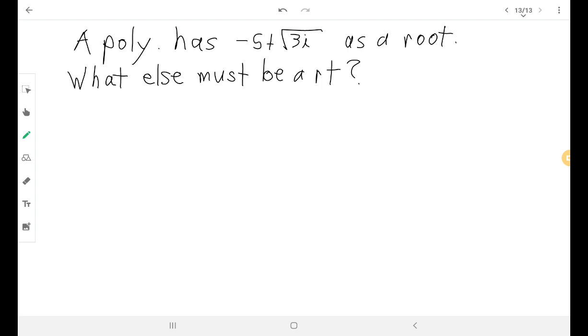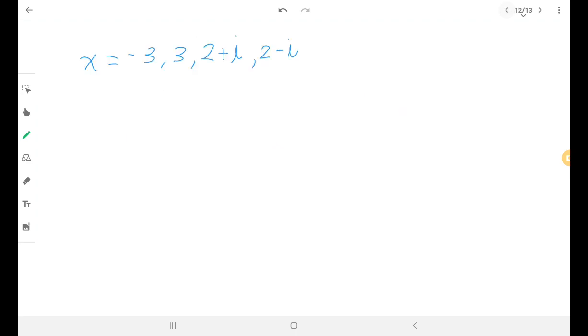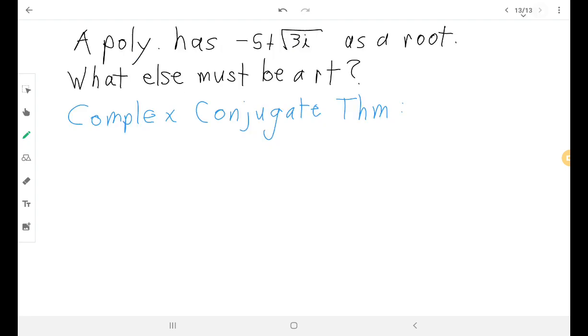One last thing to talk about, and this is just a rule. We call this the complex conjugate theorem. I think you've been seeing that we've sort of looked at it twice now. I'll show you again. The complex numbers, the numbers that include an i, come in pairs. They never come individually. So here's something with an i.